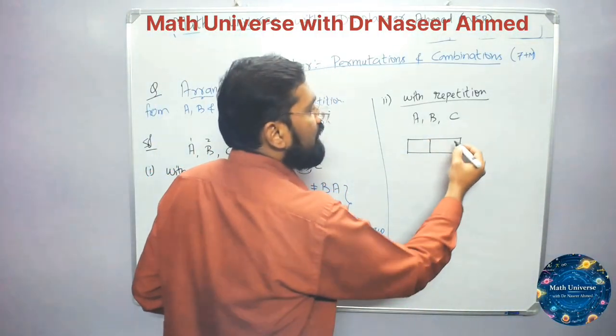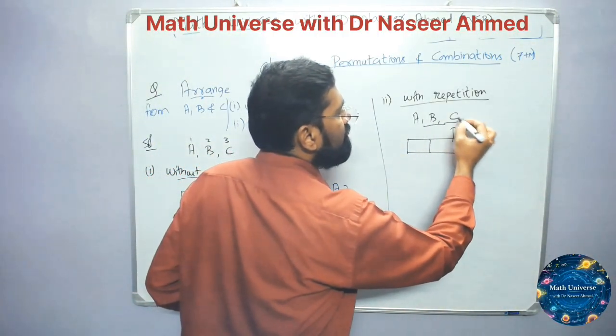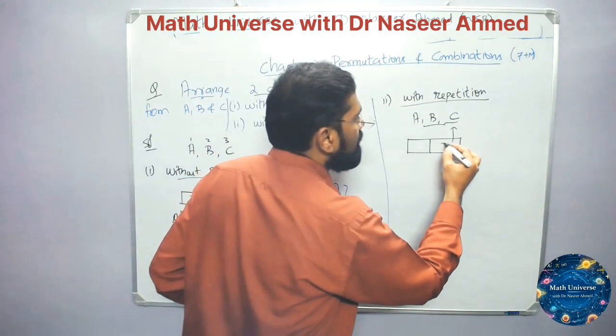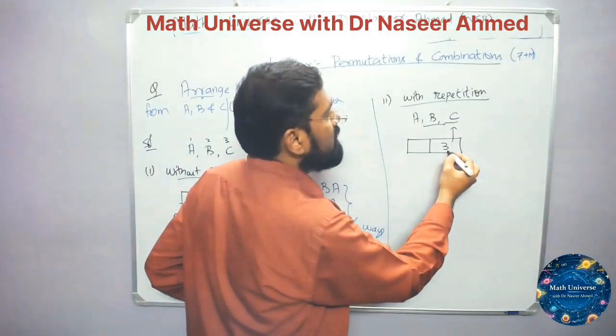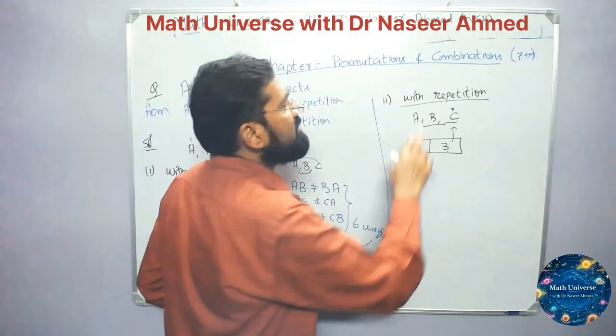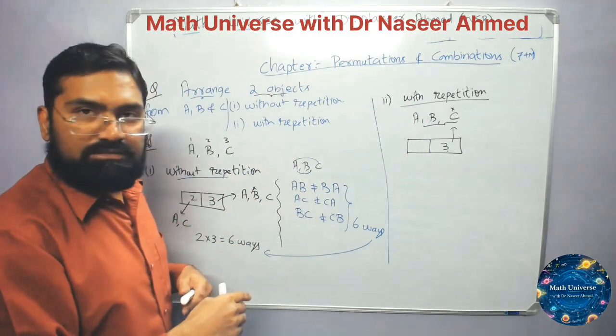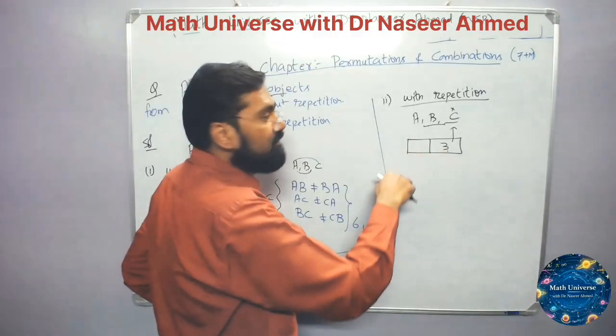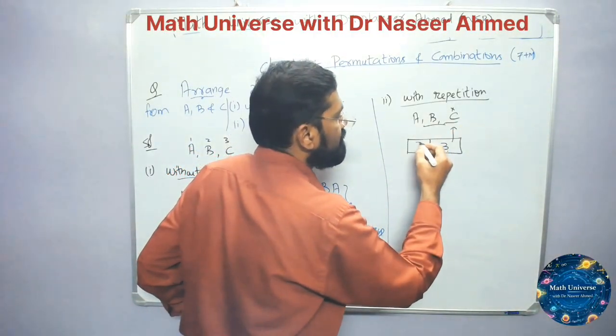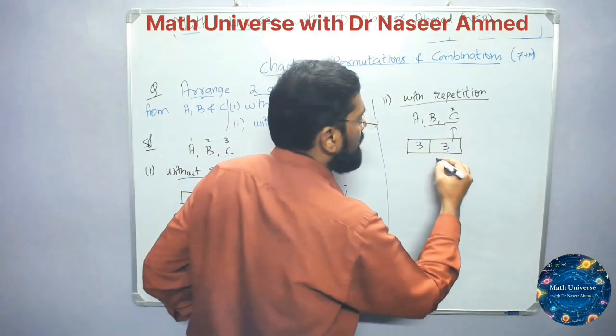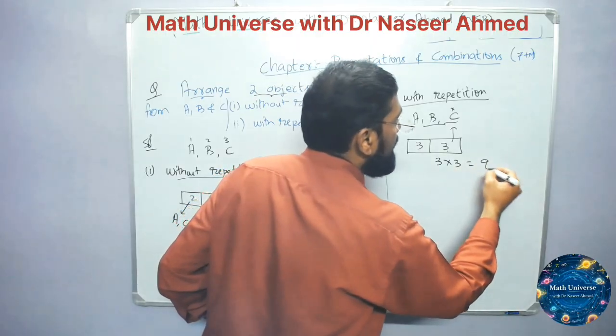Now here any one of the 3 can fit in. Let us suppose C is gone. Now since they said with repetition, whatever object I have fixed here can also be used. So again, how many are there? 3. So by the fundamental principle of counting, 3 into 3, 9 ways.